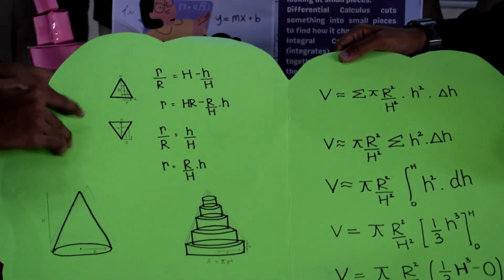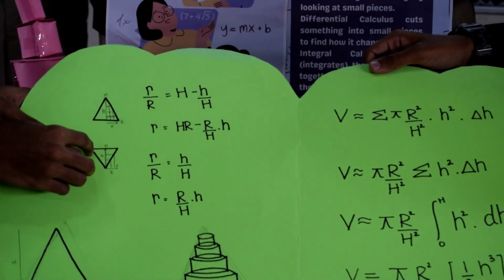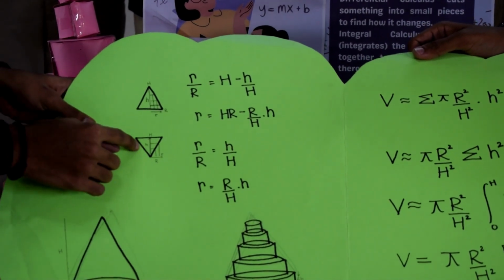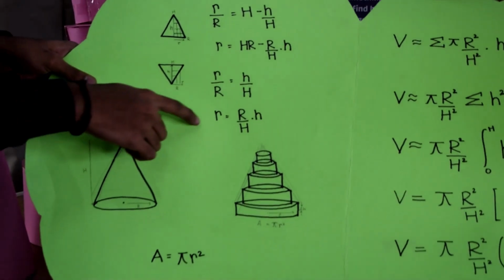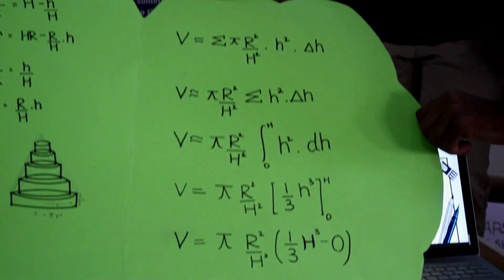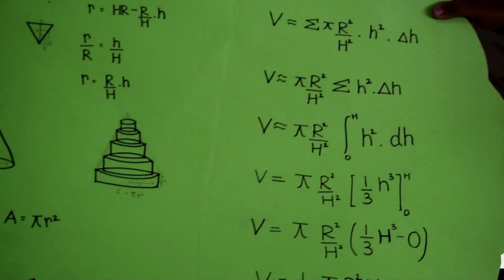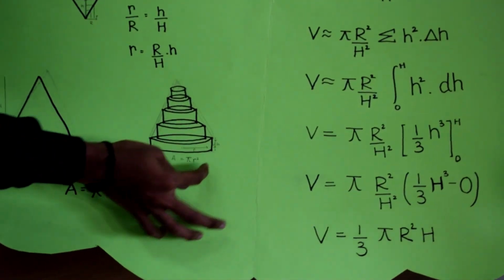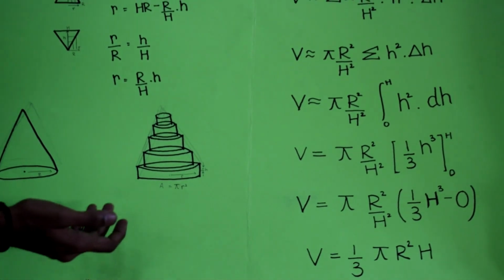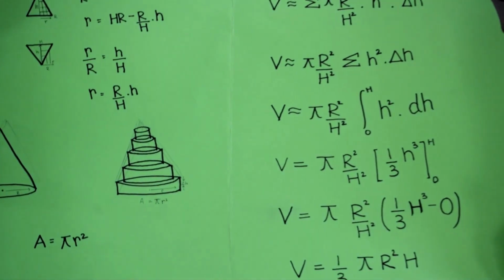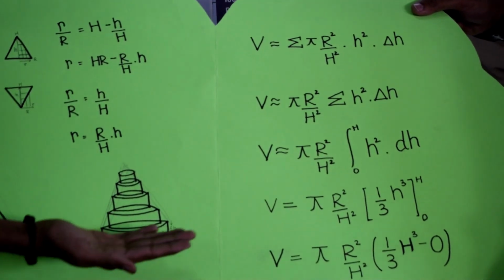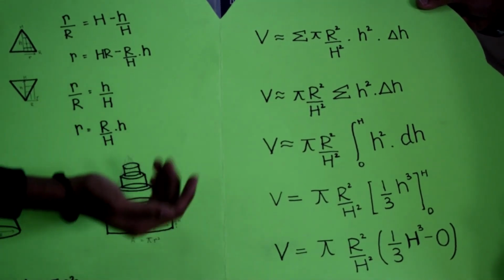So to get a direct proportion, what we do is just invert the cone, and with the help of the direct proportion we can get a simpler equation which will help us calculate in a much simpler manner. Here we know that the area of the base would be pi r squared, and when we substitute the values and take the summation, that means we are adding the area of everything times the height.